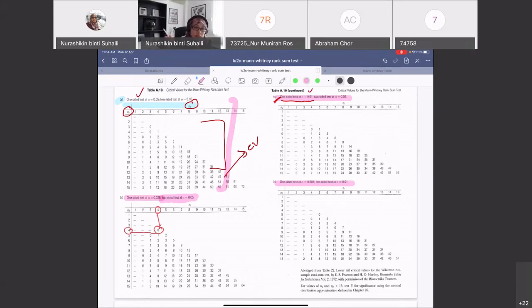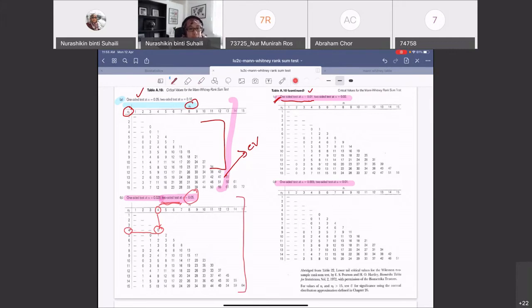Two-sided is because the alternative hypothesis is not equal. Remember? So the alpha value that we use is 0.05. So this is actually our condition: two-sided test, 0.05 alpha. So that's why we use this one, not the rest.